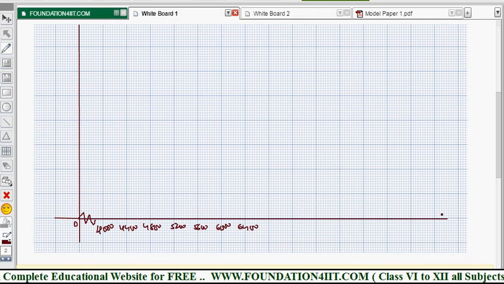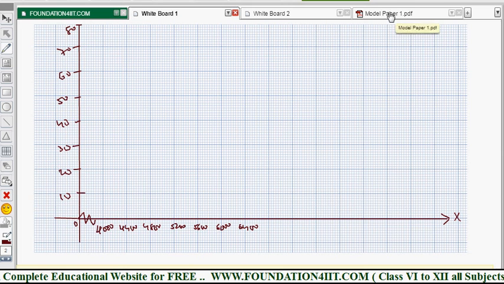This is on the x-axis, where 1 centimeter is 400 units. On the y-axis take 10, 20, 30, 40, 50, 60, 70 and 80, and so on. You can take 90 also till there.